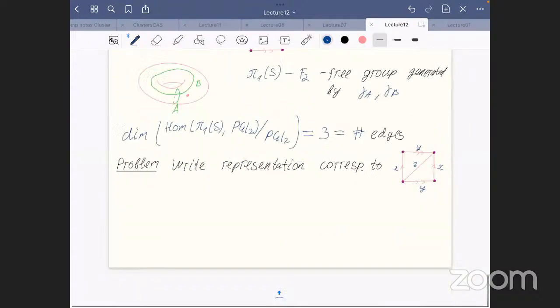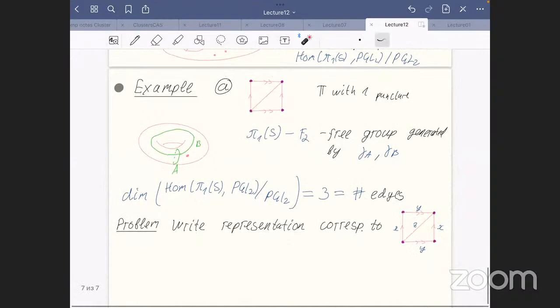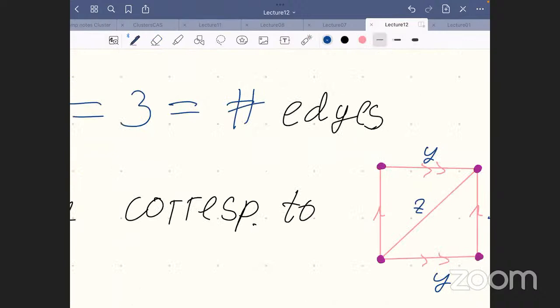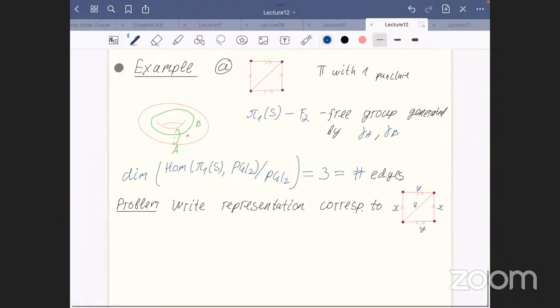I will comment a bit on how to give some hints for this problem. But this construction, which I mentioned implicitly, says that if you know this x, y, and z, then you can write two matrices which correspond to gamma A and gamma B quite explicitly. There is a map from x, y, z; you can parameterize these triples of pairs of matrices.